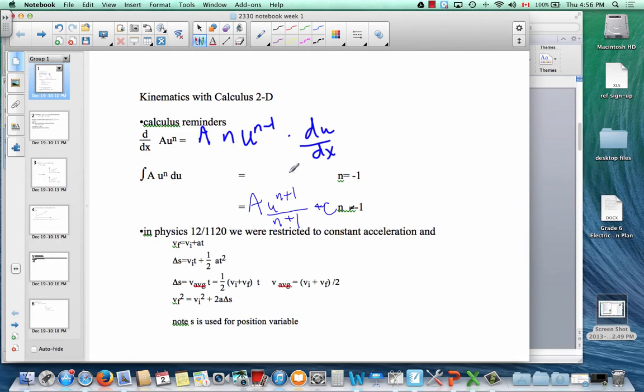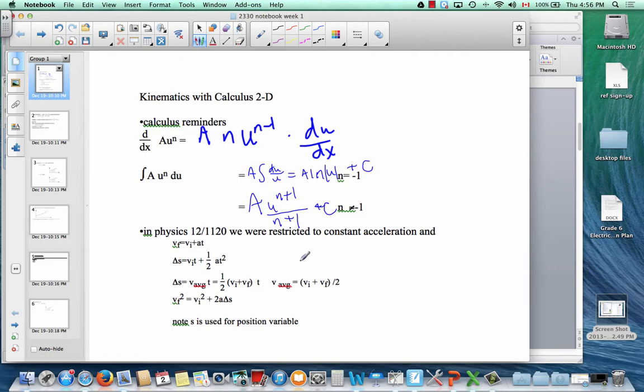If the exponent's -1, though, then when you pull out the a, this is du over u. -1 would yield a 0 denominator here, and we don't like that, so we actually have to go through and evaluate again. It turns out, of course, to be the natural logarithm of u. And if you're picky, as we are sometimes in math, it's the natural logarithm of the absolute value of u plus a constant c. So those are the power laws we need.